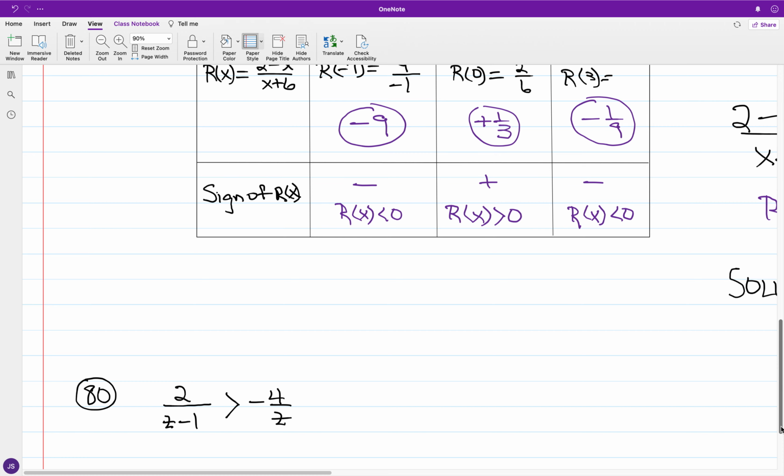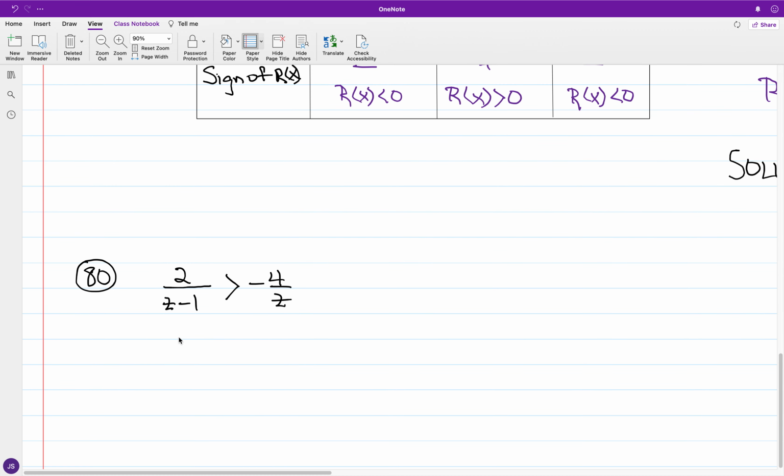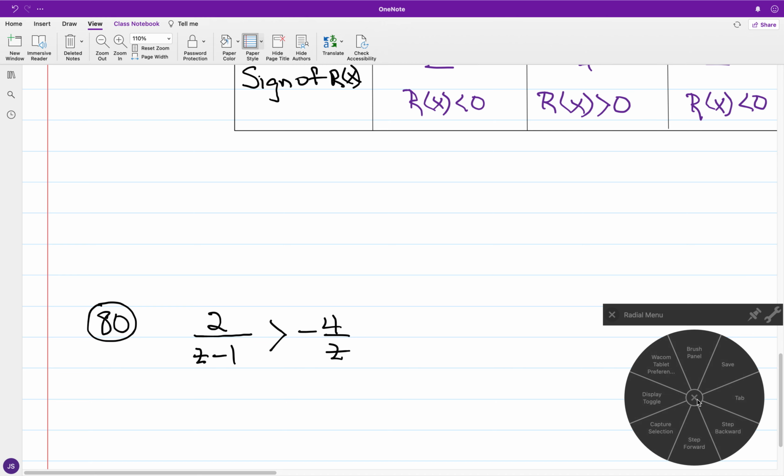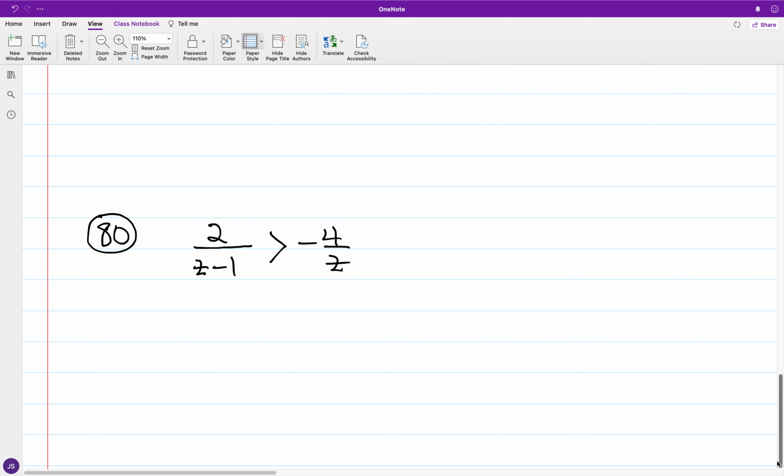Now, if I rewrite this inequality as a comparison to 0 inequality, I can move this 4 over z by adding to both sides. And so we're going to have 2 over z minus 1 plus 4 over z is greater than 0.